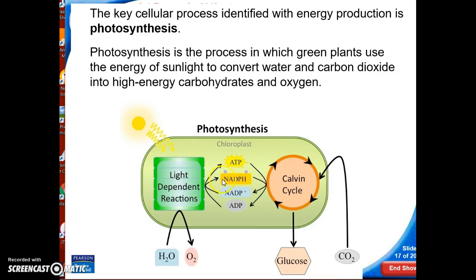The other molecule involved in photosynthesis in terms of carrying energy from the light-dependent reaction to the Calvin cycle is NADPH, and this is called an electron carrier. NADPH is a molecule that will take the energy that the chloroplast gets from the sun and carry that energy over to the Calvin cycle so that the plant cell can make a glucose molecule.